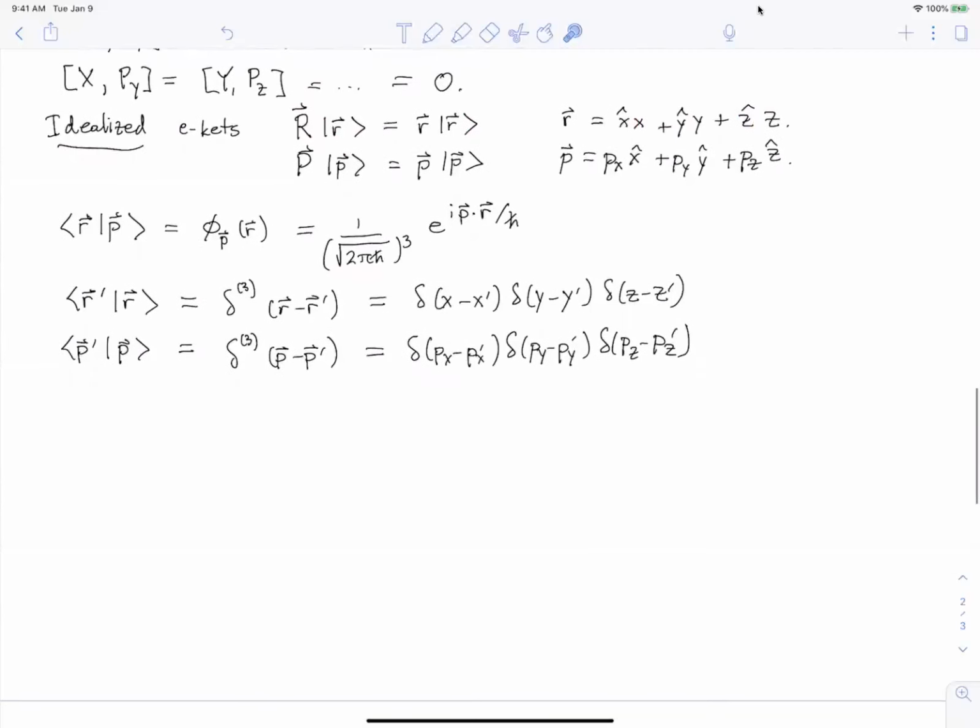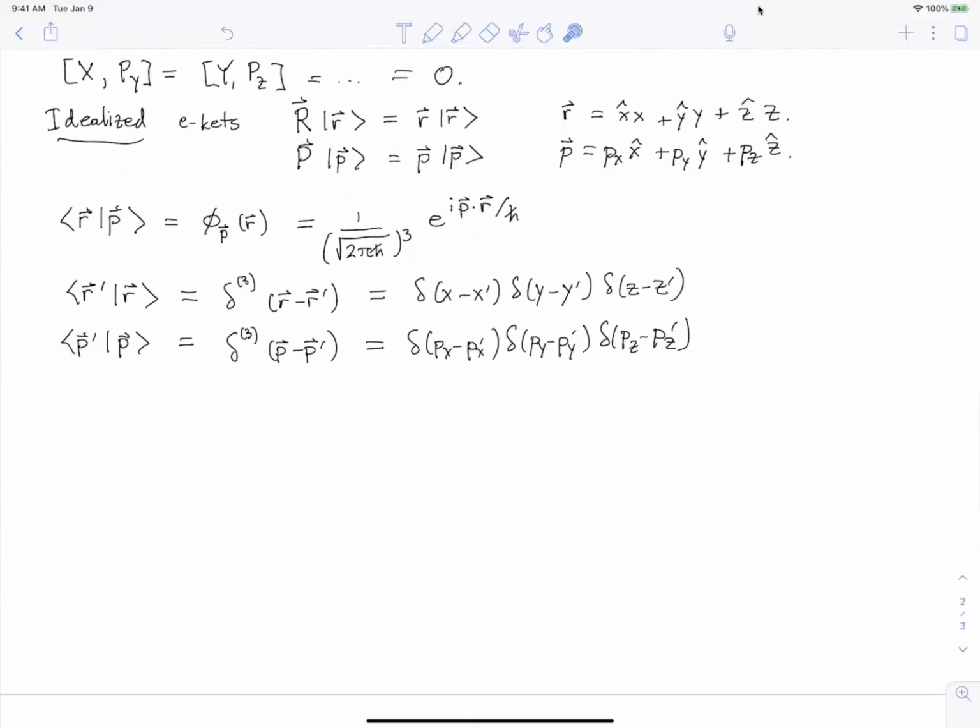All right. So another way of defining the 3-dimensional delta function is the following. You could define the 3-dimensional delta function by the following equation.